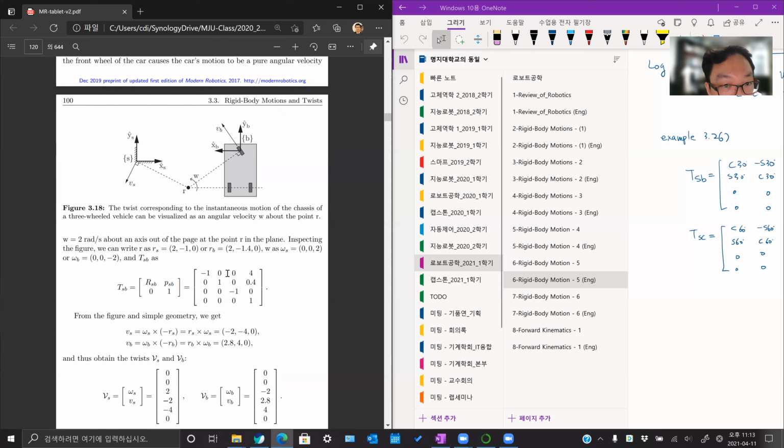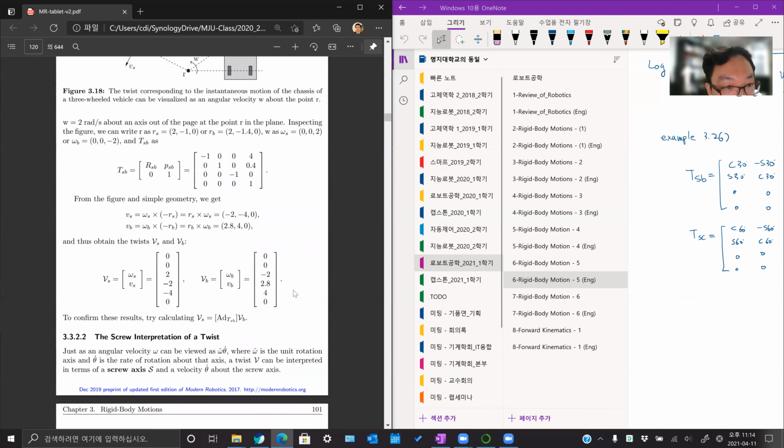The Y direction equals the Y_S axis, 0, 1, 0. And the Z direction is 0, 0, -1. The position is 1, 2, 3, 4 in one direction, and 1.4 minus 1 in the other, so it becomes 0.4. So we know T_SB.